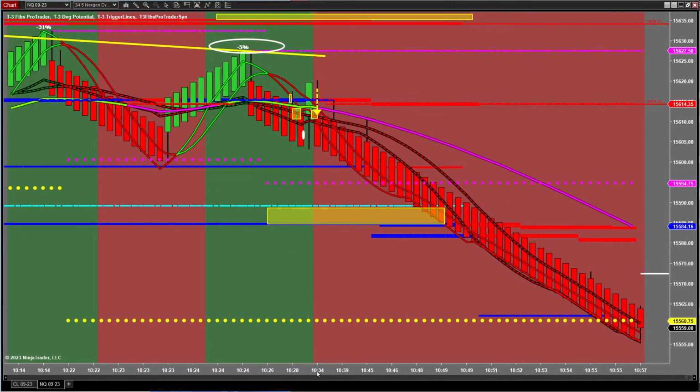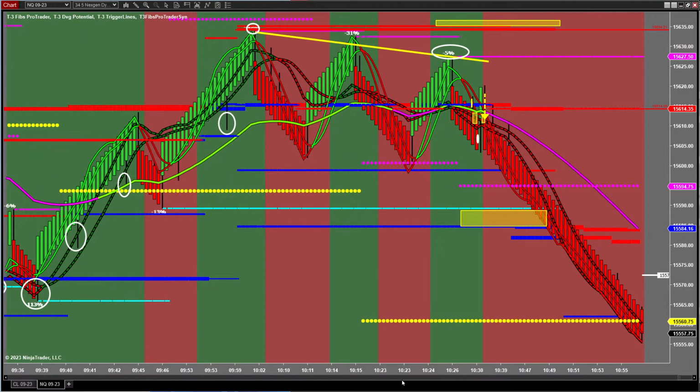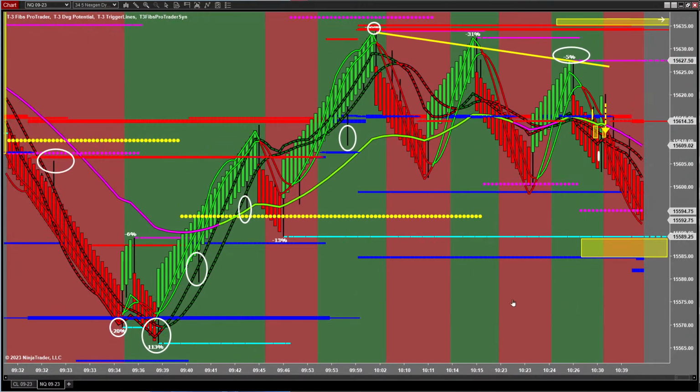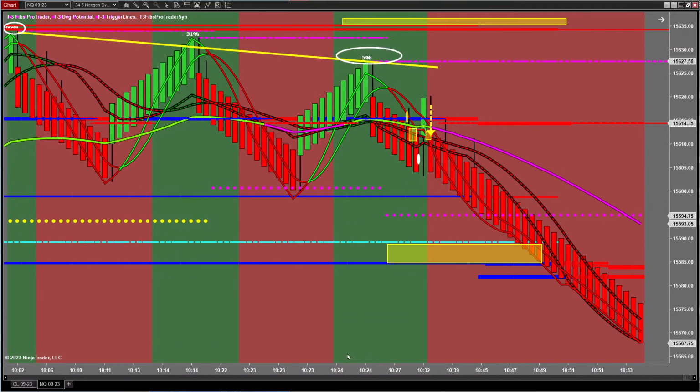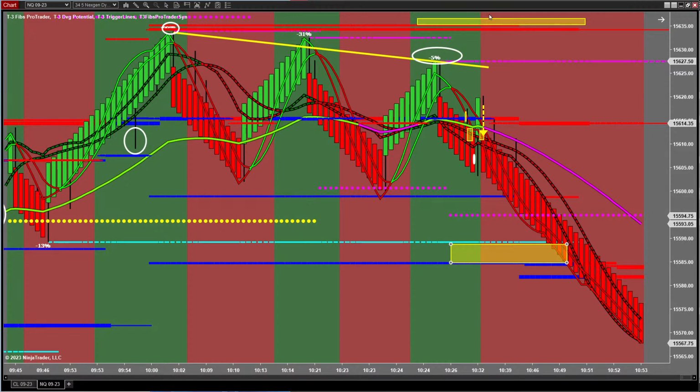Okay. Now, I had drawn a box in earlier saying we're probably going to make it to at least here because of the third divergence. It's always nice to draw in a box on where you think it's going and then go back later and see what happened. So I want to make sure that everybody who's new is on the same page. When we have resistance at the high, that means no more long trades.